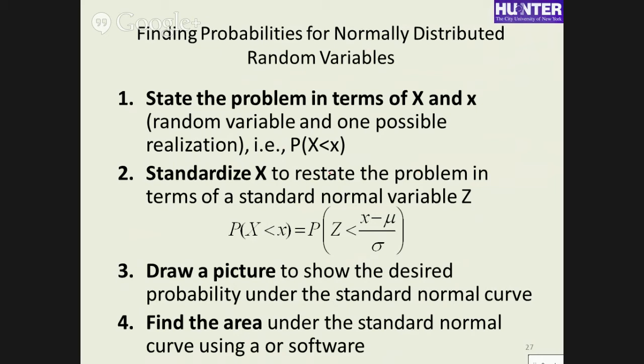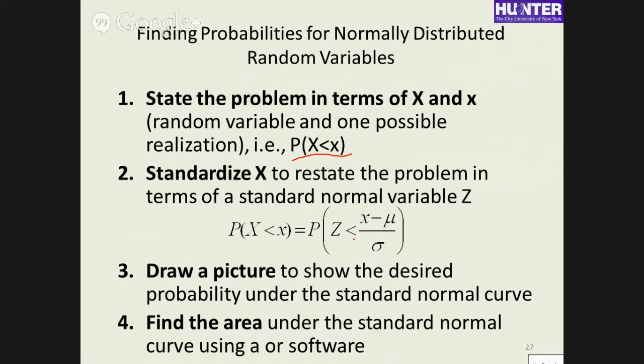To do that, you're going to write it out as follows. This is the probability that our random variable X takes a value less than this particular realization, lowercase x. So the height example would be the probability that X is less than 65, where X is that random distribution of women's heights.